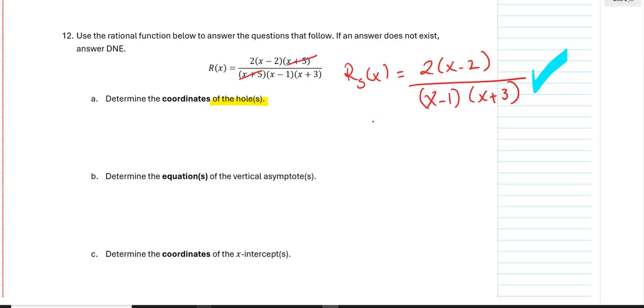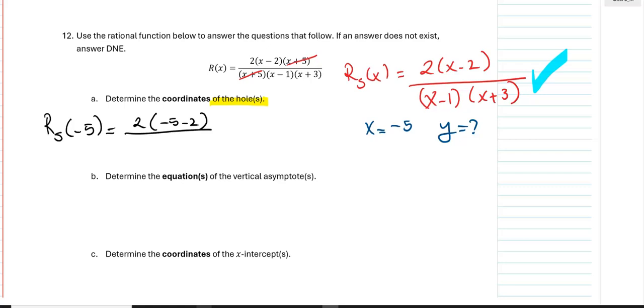Holes happen at x value -5, but I need to figure out what's the y value. So I'm going to plug in -5 into this simplified form. If I go ahead and plug in -5 into the original, that is going to make 0 over 0, right? So plug in -5 into this simplified form. So r simplified of -5. Let's see what is happening. 2 times -5 minus 2 divided by -5 minus 1, times -5 plus 3.